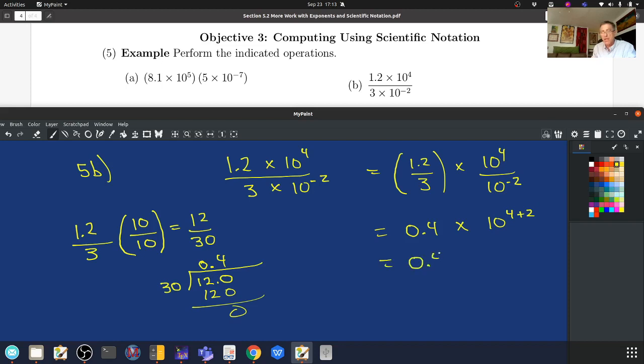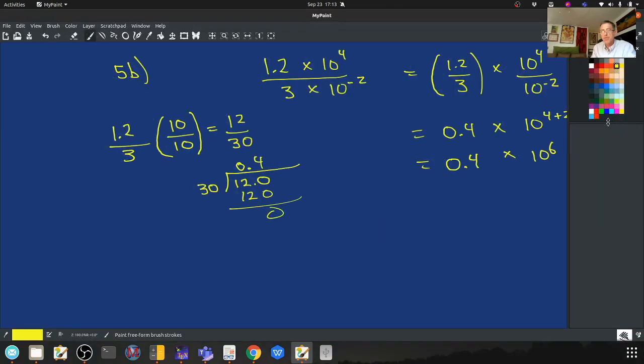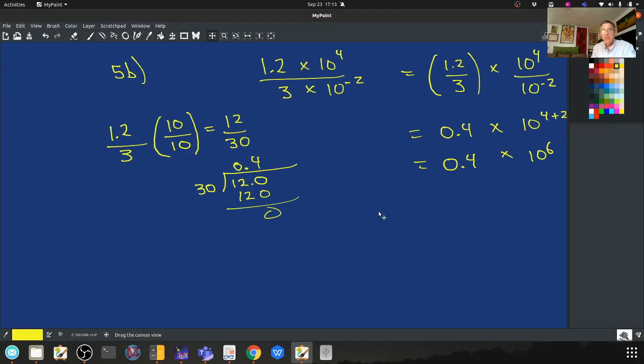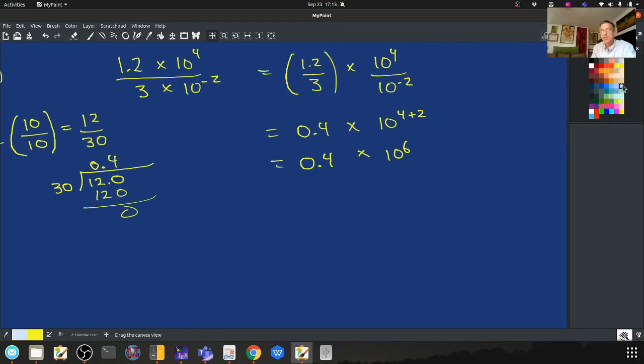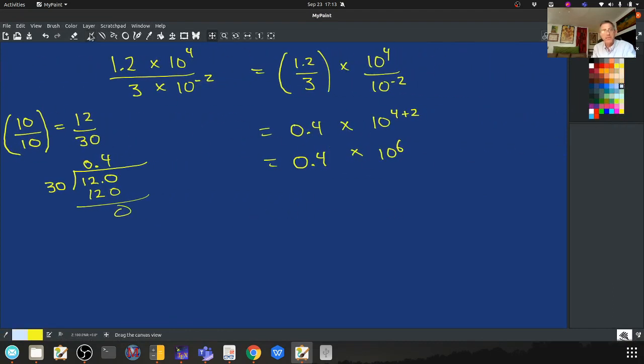is not quite in the form we want, but we're close. Again, we have the problem with the D value. The D value is this value right here. And 0.4 is less than 1. So what I have to do is move it to the right one place.